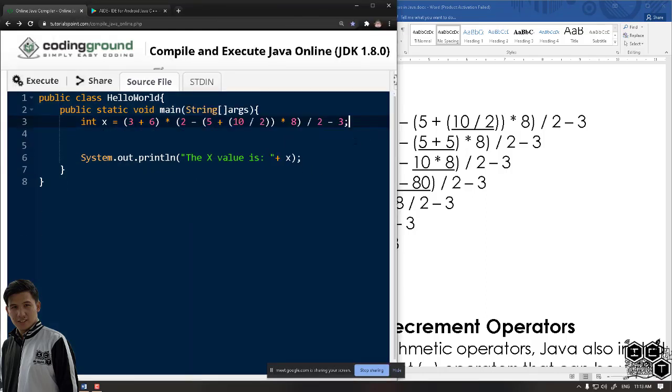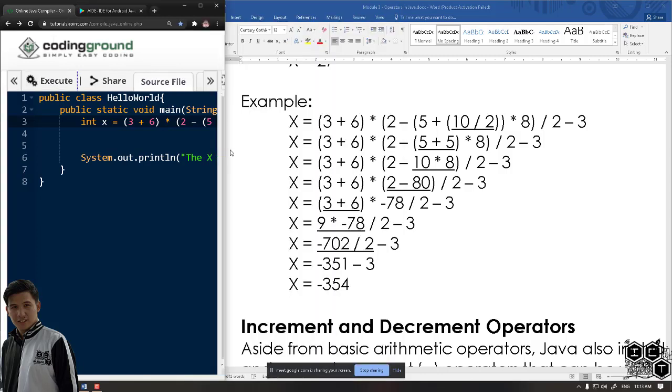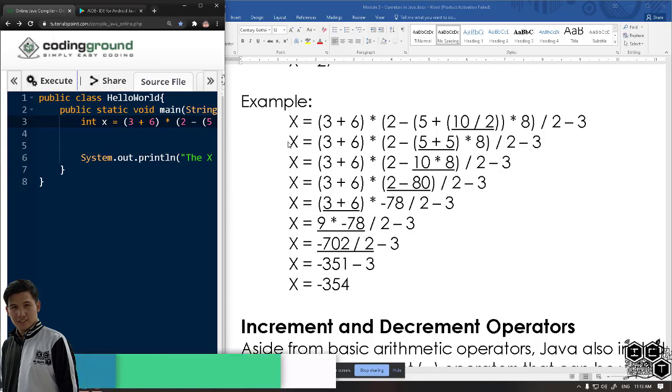Ganyan na kasi siya pag sa Java. Diba? Now, in Java, automatic, it will still follow the precedence rule of multiplication, addition, and modulo. However, mas mataas pa rin si grouping symbols natin.